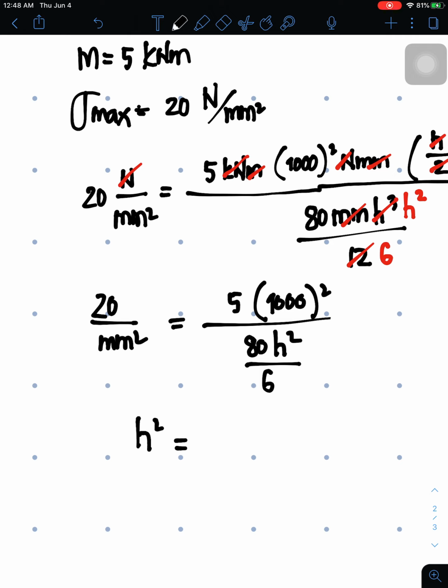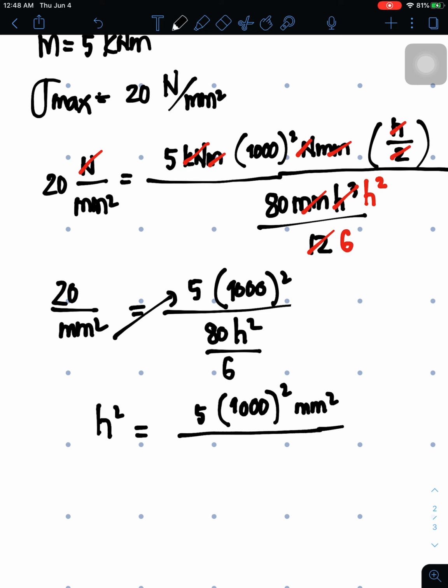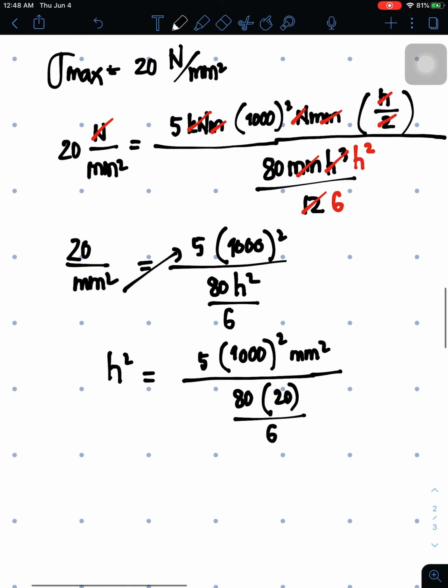So H squared is just equal to 5 times 1,000 squared mm squared, then 80 times 20 over 6.